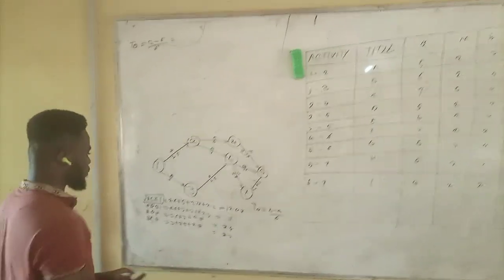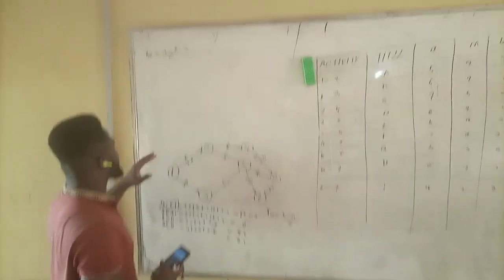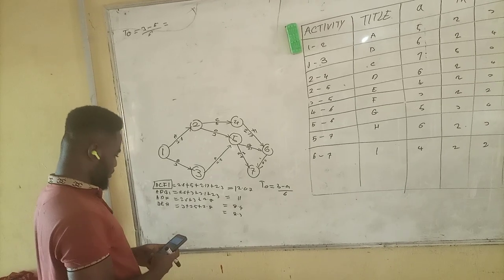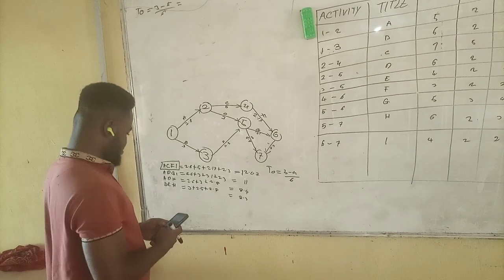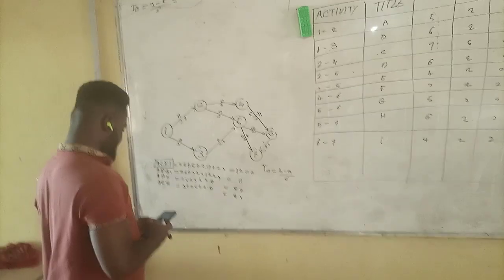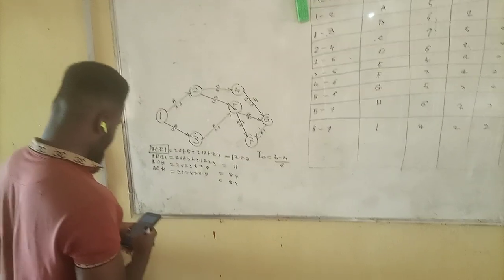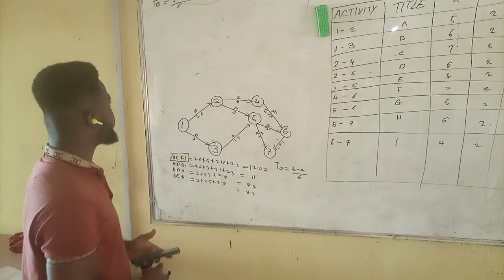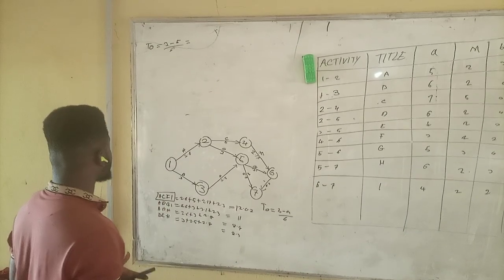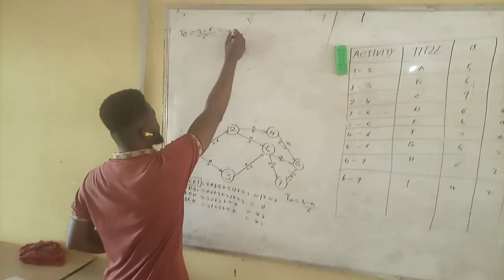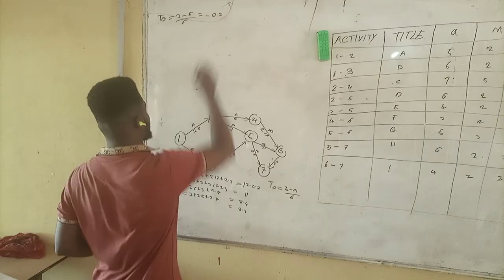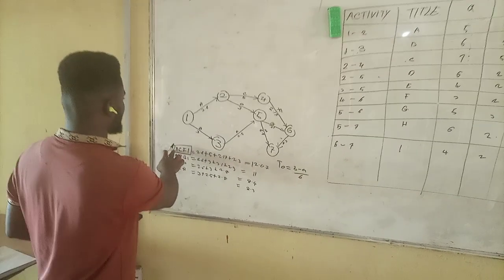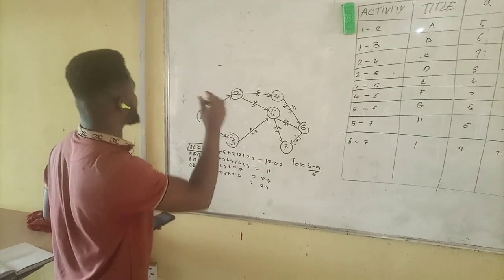So you will calculate to know 3 minus 5, that will give you minus 0.3. That is for A, as 1 to 2.